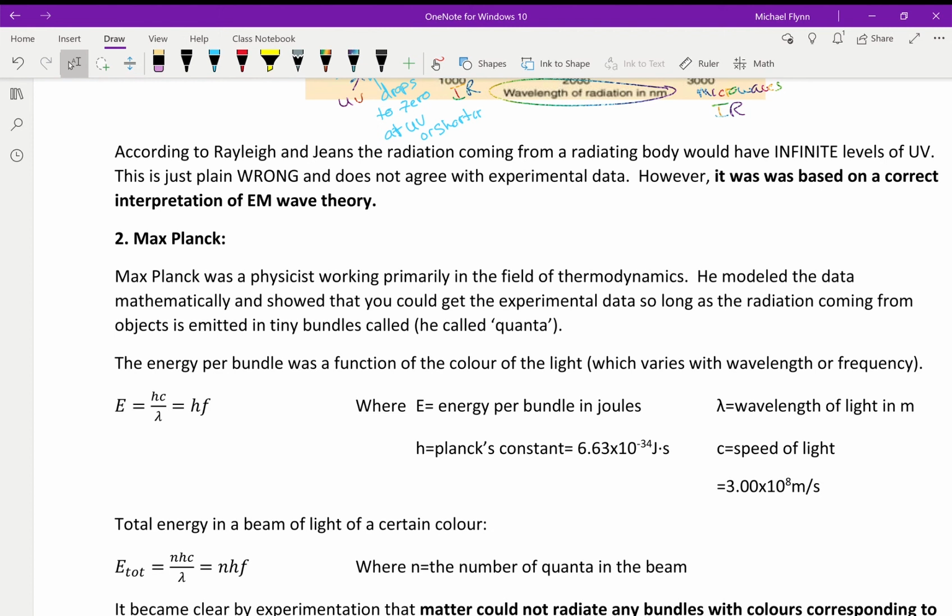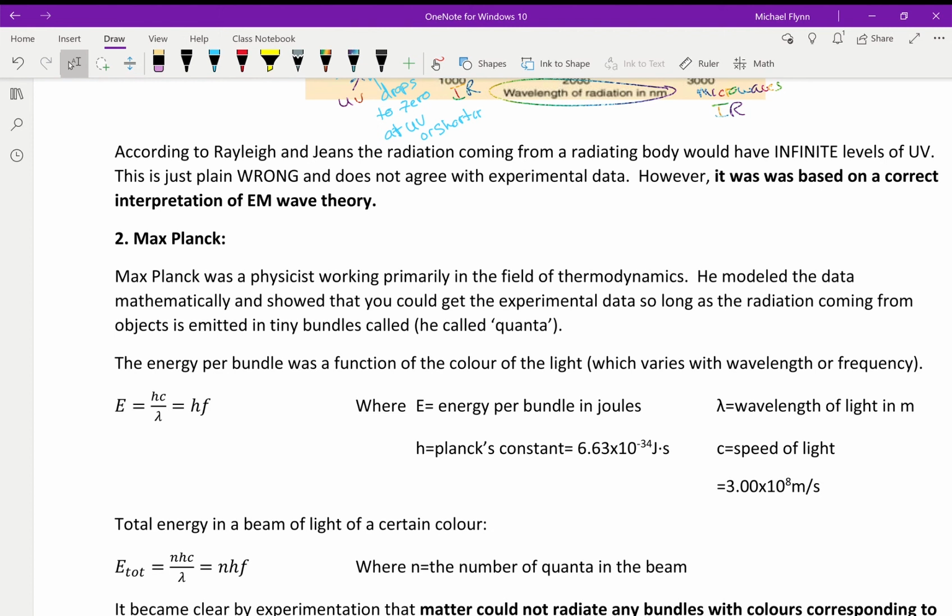Now the energy per bundle was a function of the color of light, which varies with wavelength, as you know. These aren't really waves that he's talking about. He's just saying a little bundle, like a little lump of something. It sounds awfully like a particle.